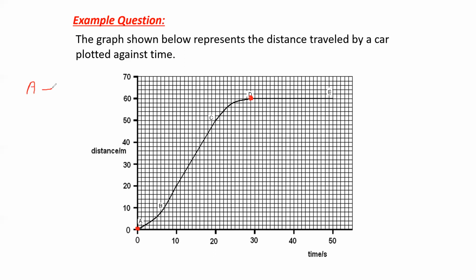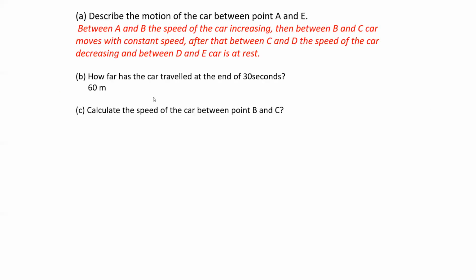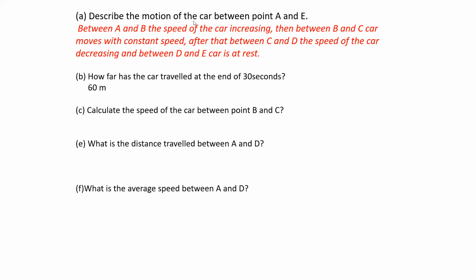At A it is the 0 mark, and at D it is the 60 meter mark. So that's equal to 60. That's right, Abdullah Sarfraz. So the distance traveled from A to D is 60.